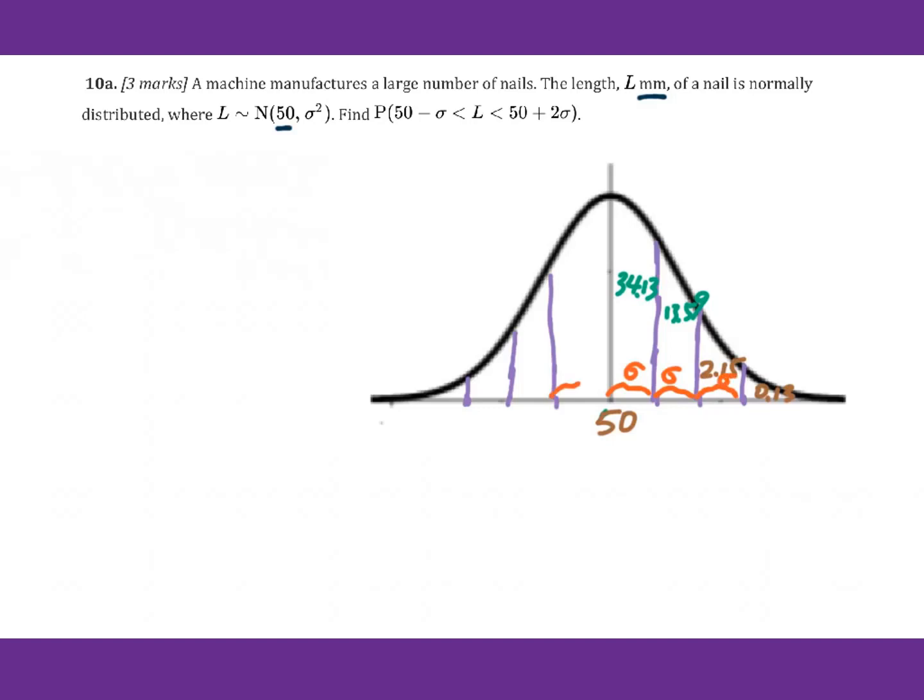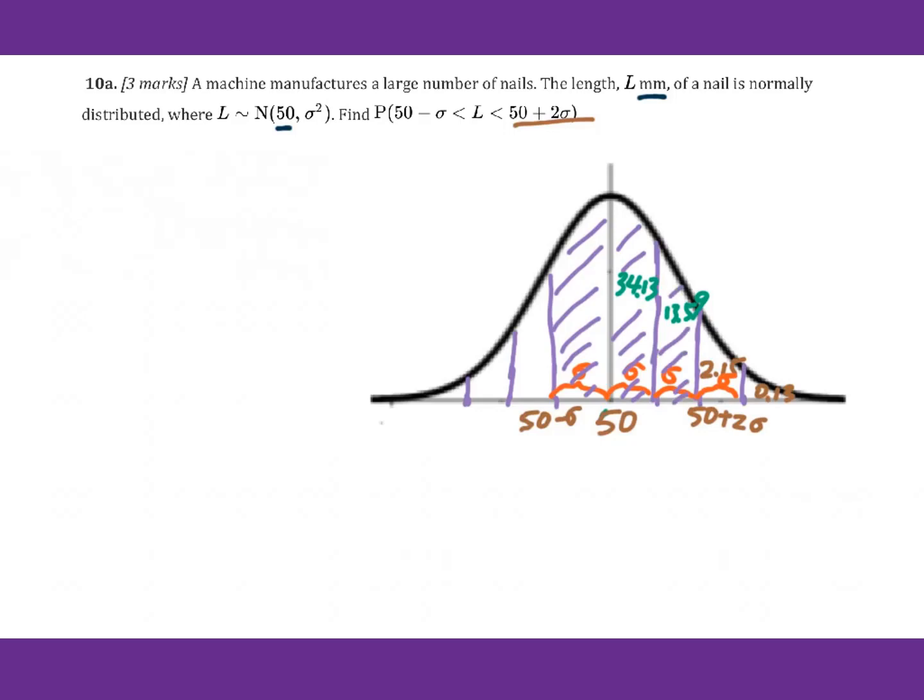Here you subtract 1 sigma. So 50 minus sigma will be here, and 50 plus 2 sigma will be here. We are looking for the area between this and this.